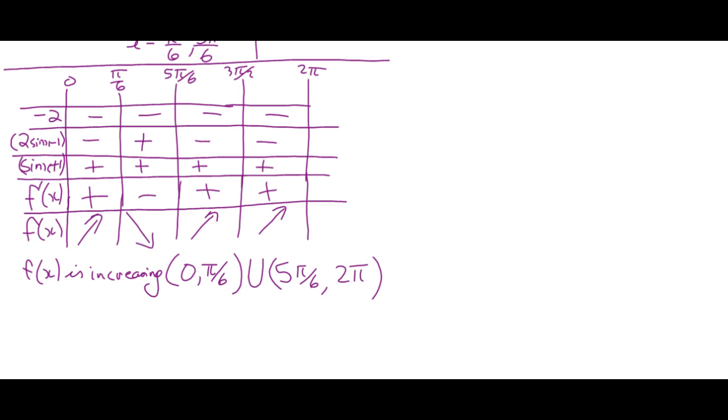Now, if it didn't exist at 3 pi over 2, then I'd have to break that up and say from 5 pi over 6 to 3 pi over 2, and then from 3 pi over 2 to 2 pi. And it's decreasing in the interval here, so f of x is decreasing from pi over 6 to 5 pi over 6.